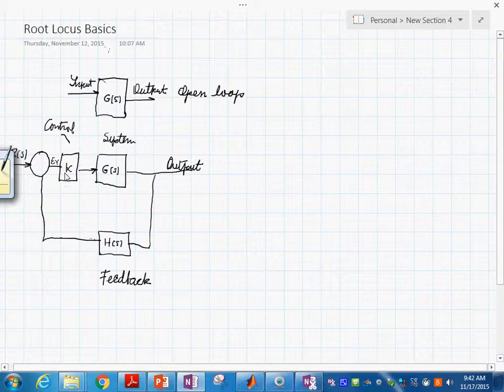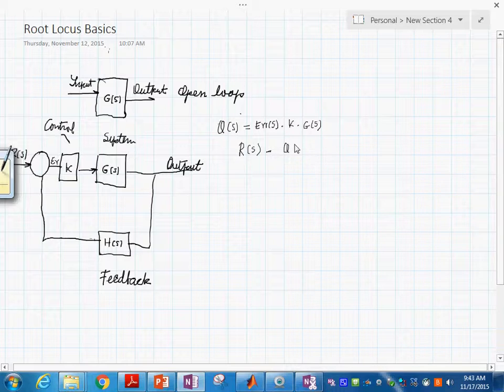So in this case, the output is equal to this error, E of S, multiplied by K, and then multiplied by G of S. And then we can say that the reference, which is your input, R of S, minus the output of S multiplied by H of S, is equal to this error.